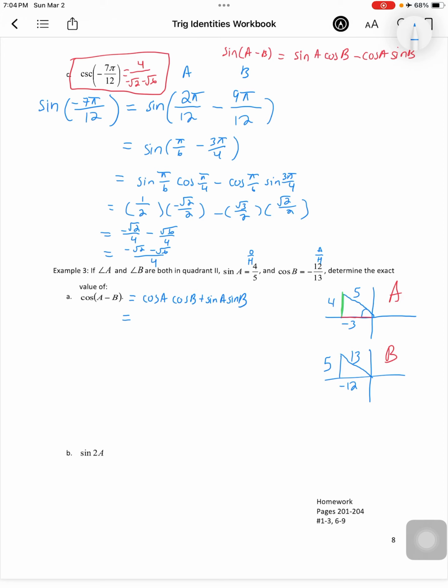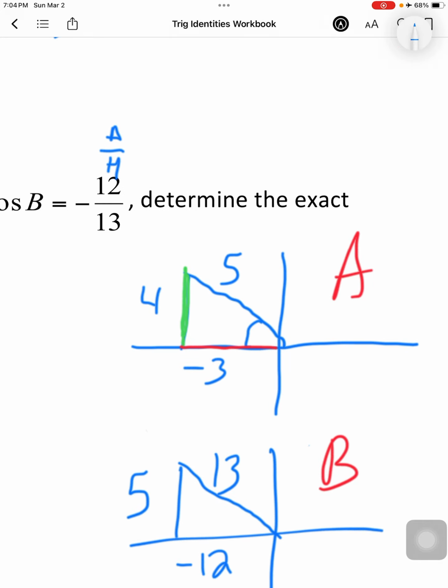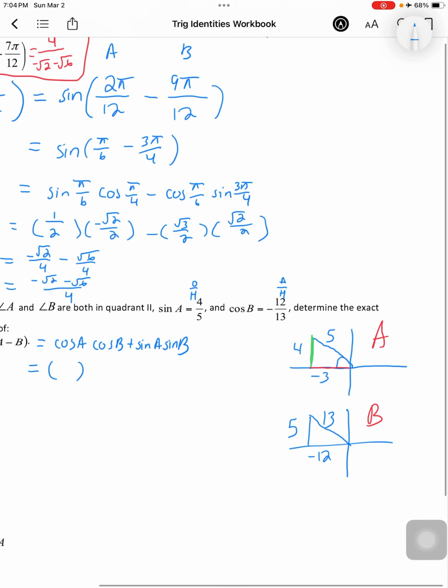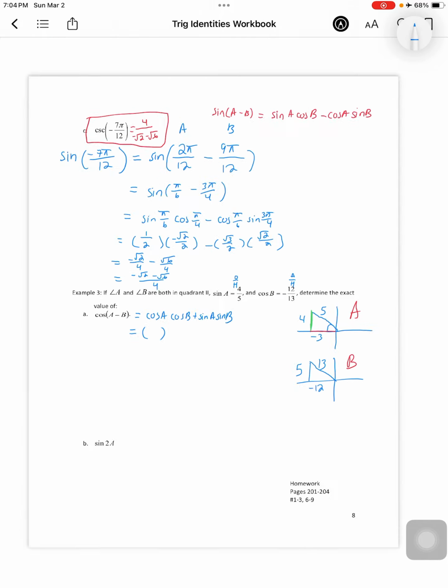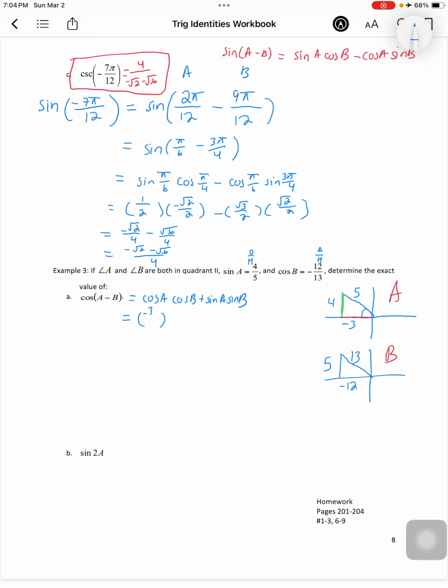So here, we're just going to plug in all our values. Looking at cos A, for SOHCAHTOA, cos is adjacent over hypotenuse. Your adjacent is negative 3 over 5. And cos B is negative 12 over 13, plus sine A, which is 4 over 5.